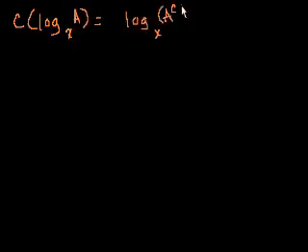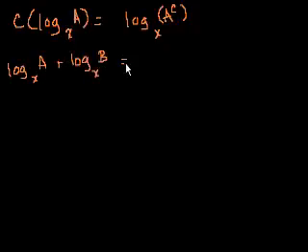And we just learned that logarithm base x of a plus logarithm base x of b is equal to the logarithm base x of a times b. Now let me ask you a question. What happens if instead of a positive sign here, we put a negative sign?